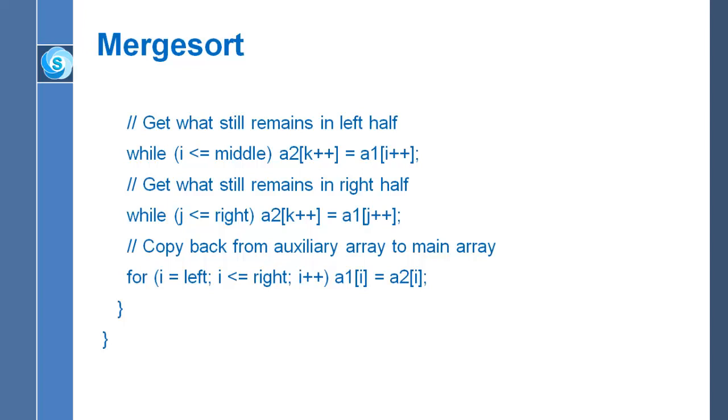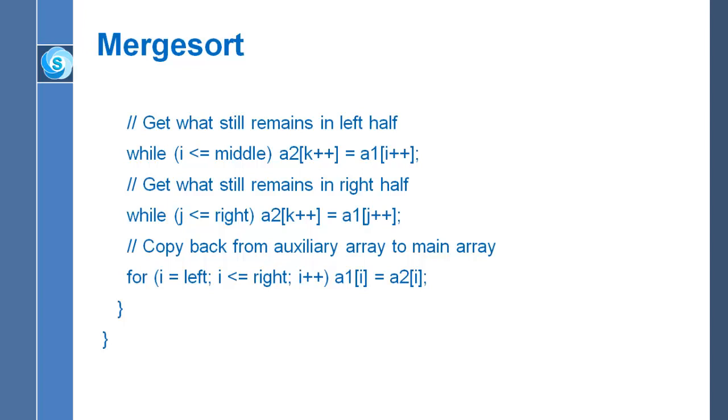Okay. The first one says that while I is less than or equal to middle, copy what's in position I of the original array into position K of the auxiliary array, and increment both index I and also index K.